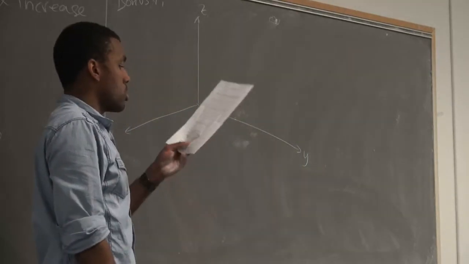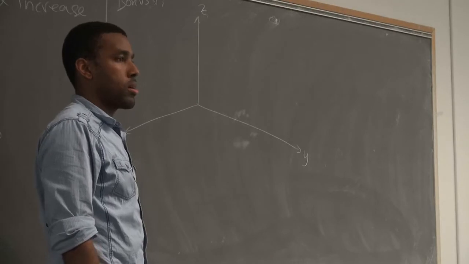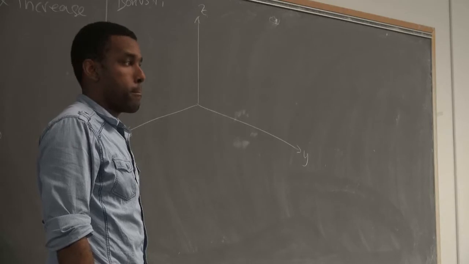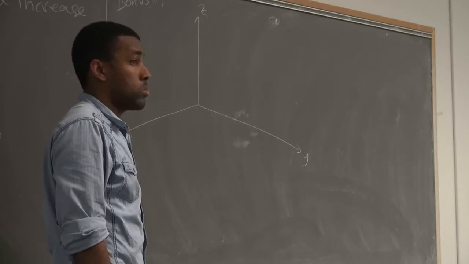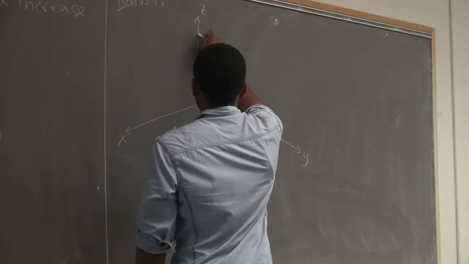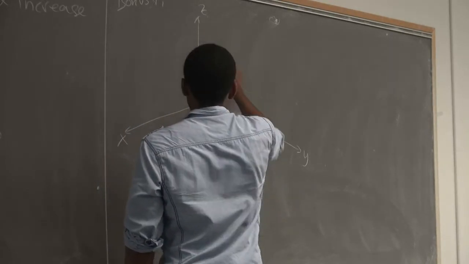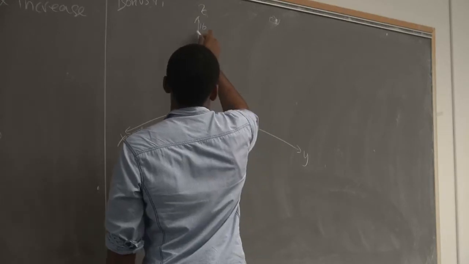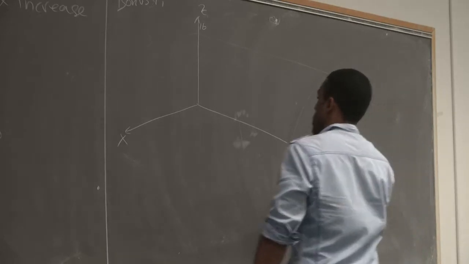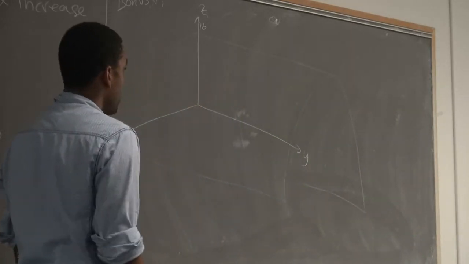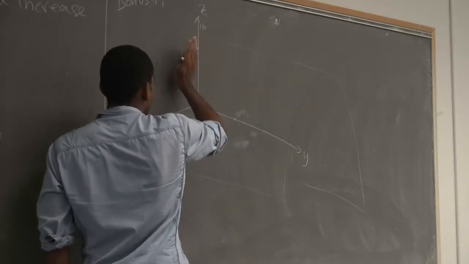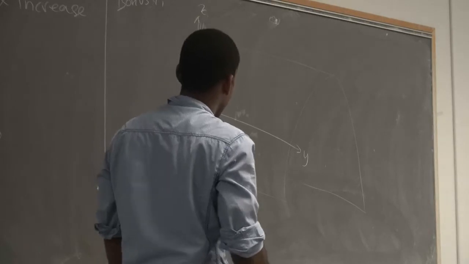What does z equals 16 minus x squared look like? Parabola expanding downwards from z equals 16. Okay, so you have a parabola coming down like this, right? Starting at 16, and it's running along the y, because there's no y. It's actually a cylinder, a parabolic cylinder. Now the plane y equals 5 is just a plane cutting through, parallel to the xz plane going through y equals 5.